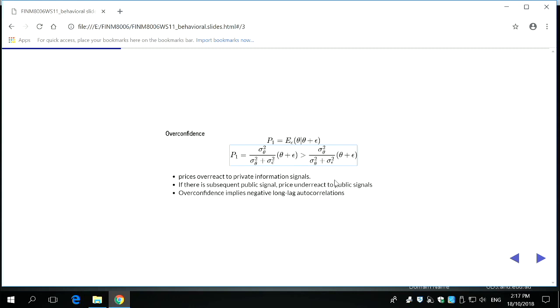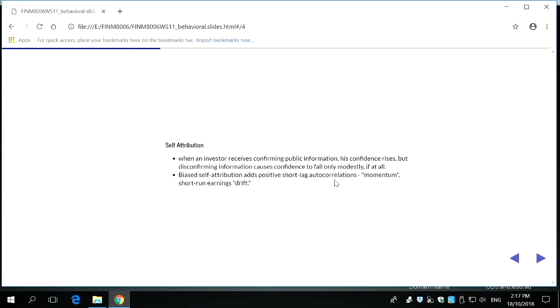But to generate momentum, we also need this self-attribution bias. Self-attribution bias, as we said, is that your confidence increases when the public signal confirms your private signal, but not much if your public signal does not confirm your private signal.